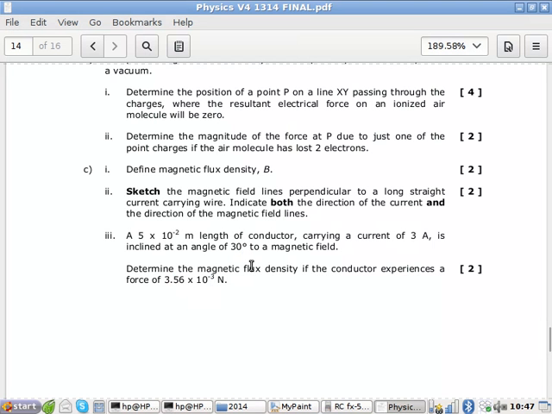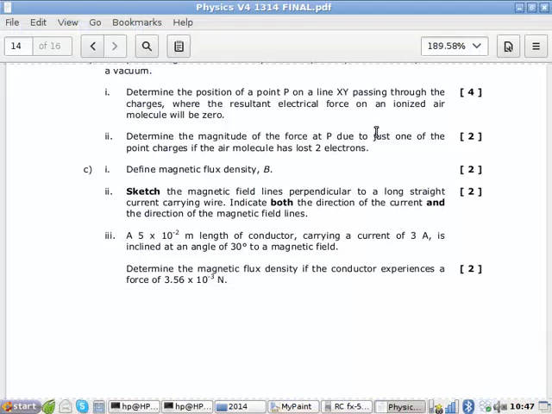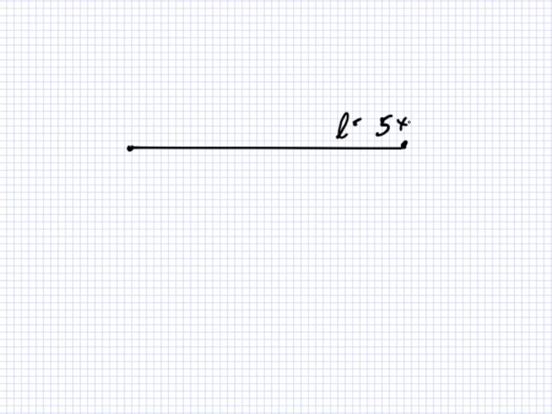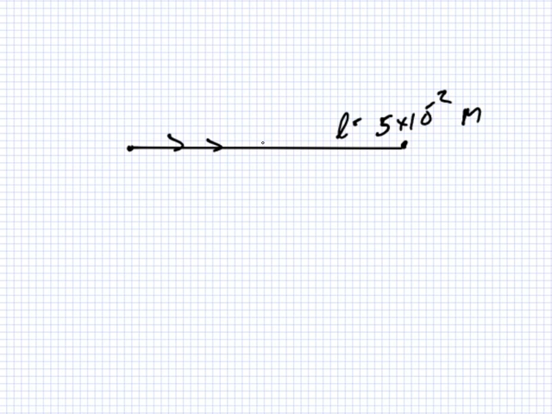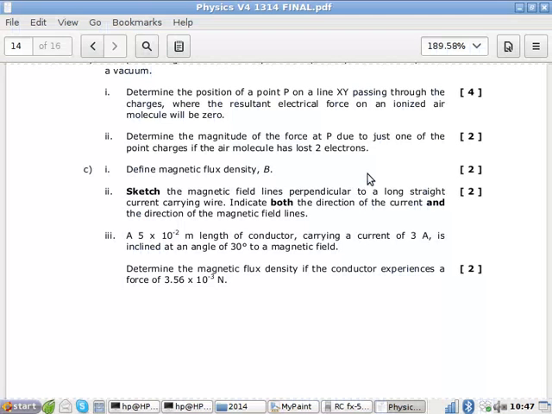And there's a current going through the wire of 3 amps. And the angle is 30 degrees as well. And you have the force on it from the magnetic field. It's 3.56 times 10 to the minus 6 newtons. And you want to know what is the flux. Is it flux or flux density? Flux density.